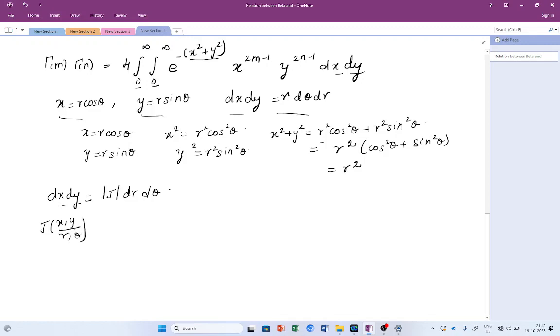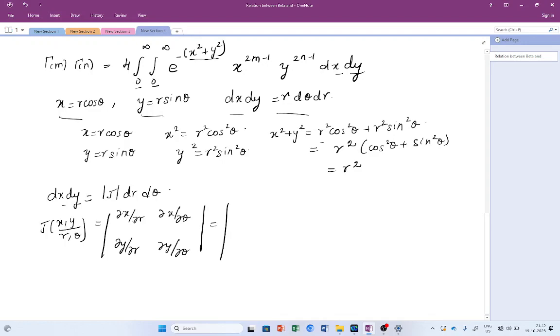That is the Cartesian coordinate you are transforming into the polar coordinate. The Jacobian is written using the formula: dou x by dou r, dou x by dou theta, over dou y by dou r, dou y by dou theta.